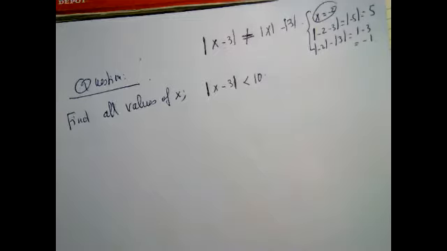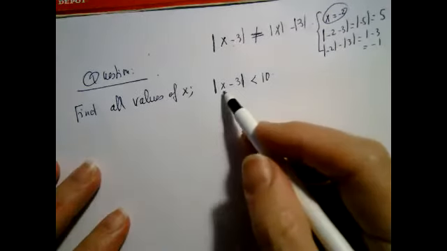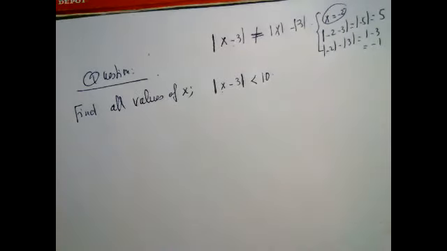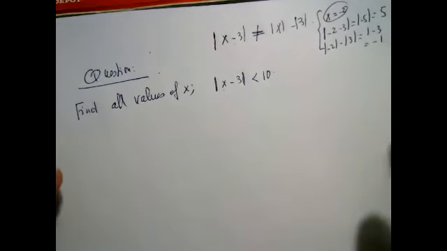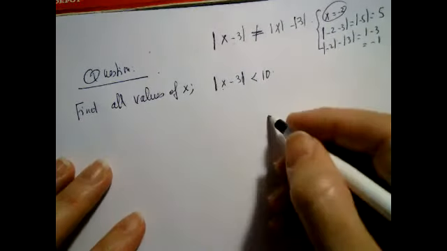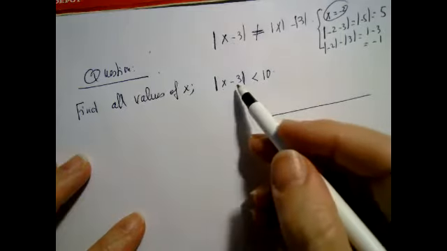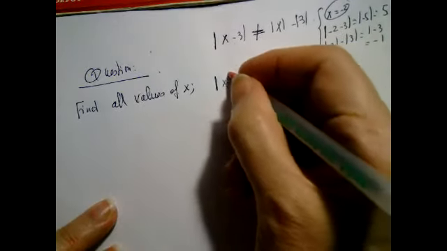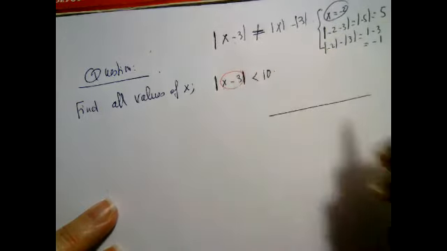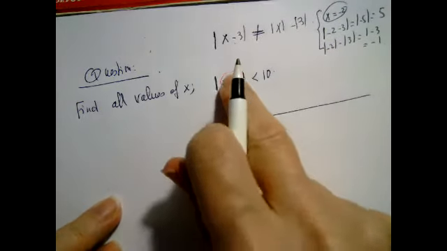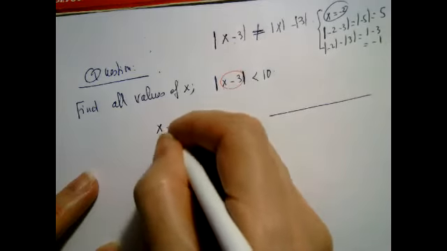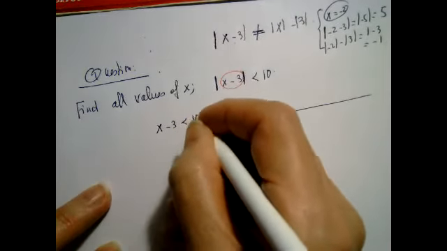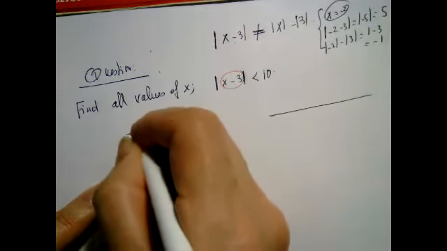So now the question is, for which values of X is the absolute value of X minus 3 less than 10? I want you to find the x's. Right, we will do like before. If the absolute value of something is less than 10, it means whatever we have, the X minus 3, is between 10 and minus 10.